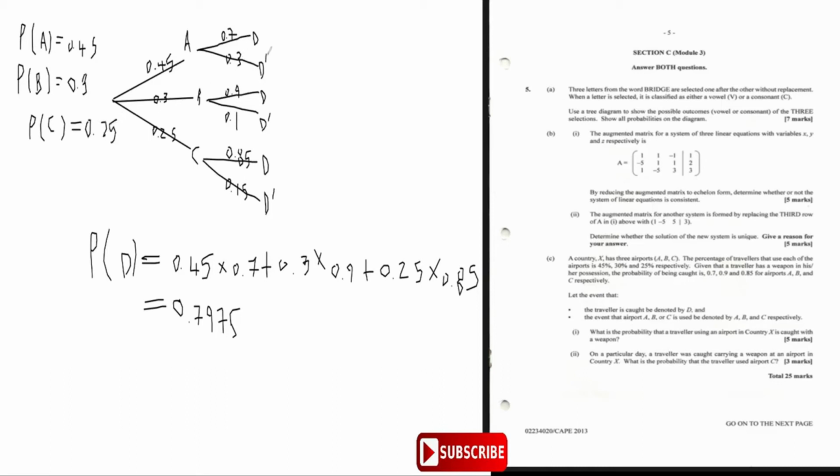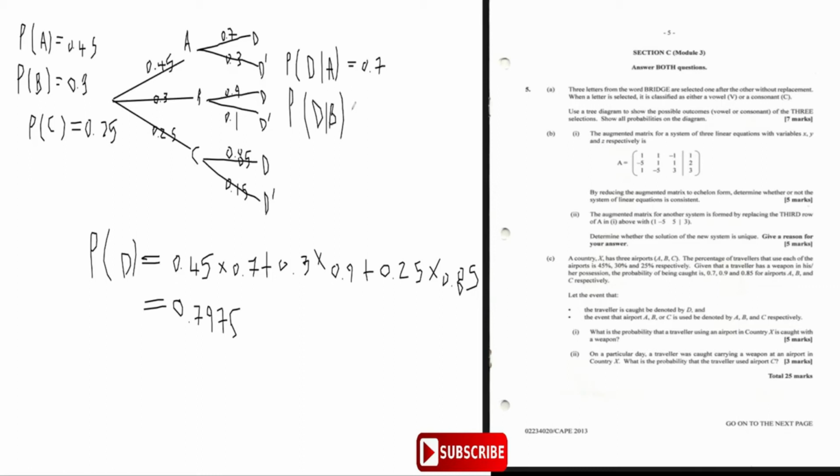Now, over here is a conditional probability. The probability of you getting caught, given that you were at airport A. So given that you went to airport A, the probability of you getting caught is 0.7. Then the probability of you getting caught, given that you went to airport B, was 0.9.